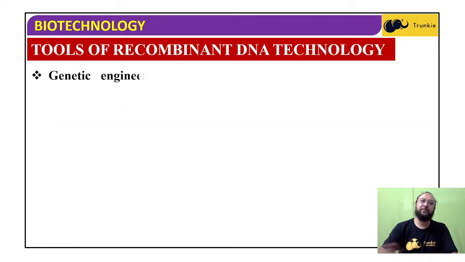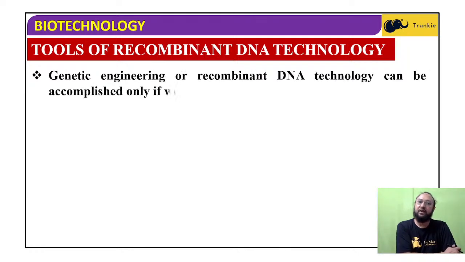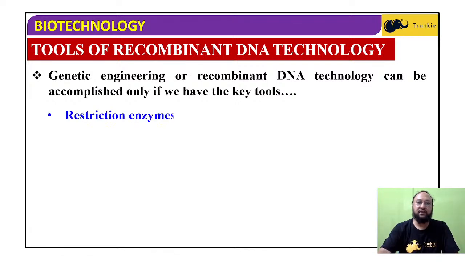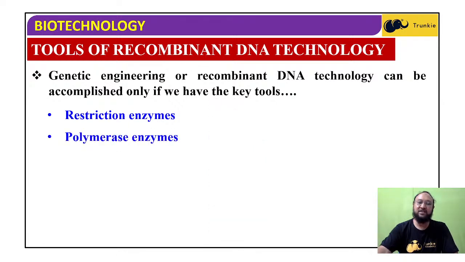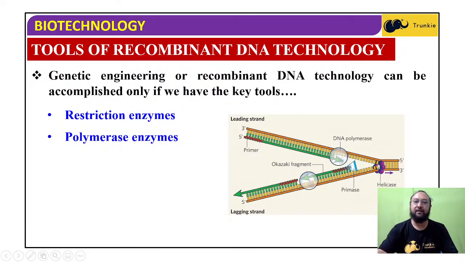Genetic engineering or recombinant DNA technology can be accomplished only if we have the key tools. That is the restriction enzymes, that means to cut or break the DNA into fragments, and polymerase enzymes that polymerize, okay, DNA polymerase, which forms another strand of the DNA when a single strand DNA is there.